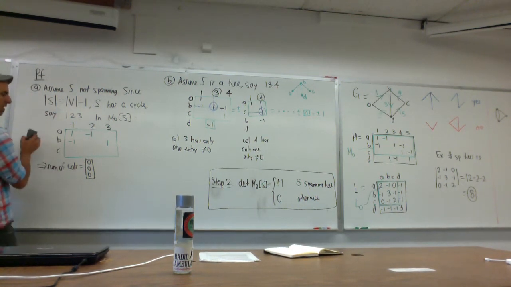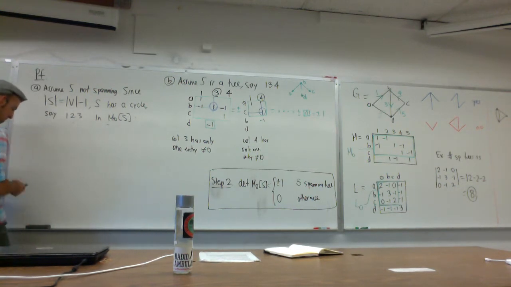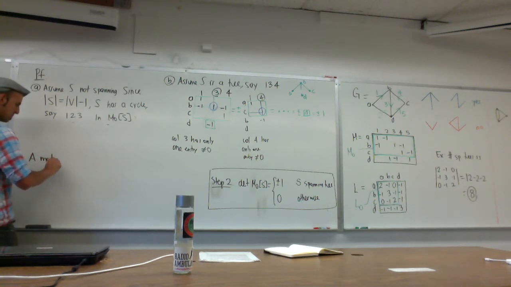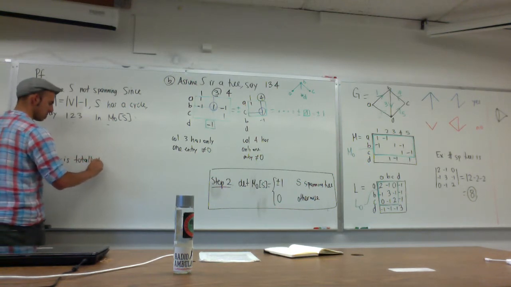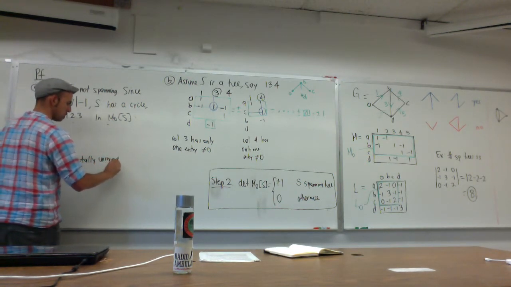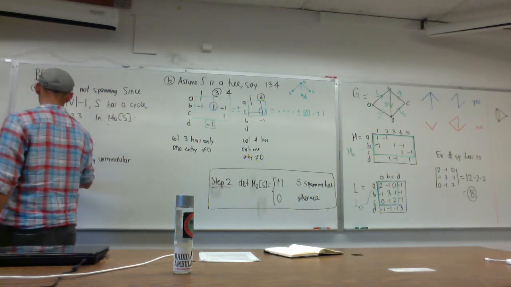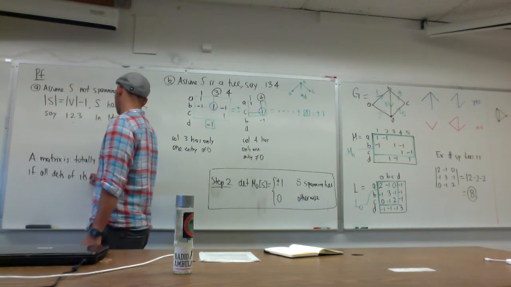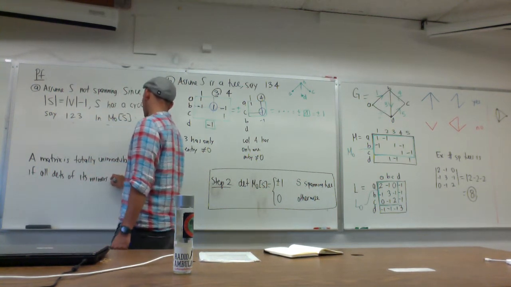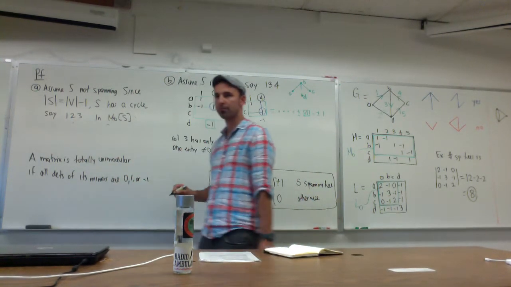So let me say it in that language. A matrix is totally unimodular if all determinants of its minors are 0, 1, or minus 1.